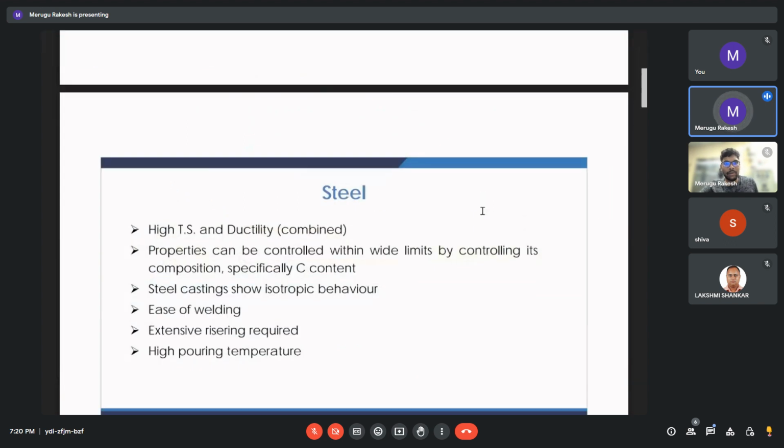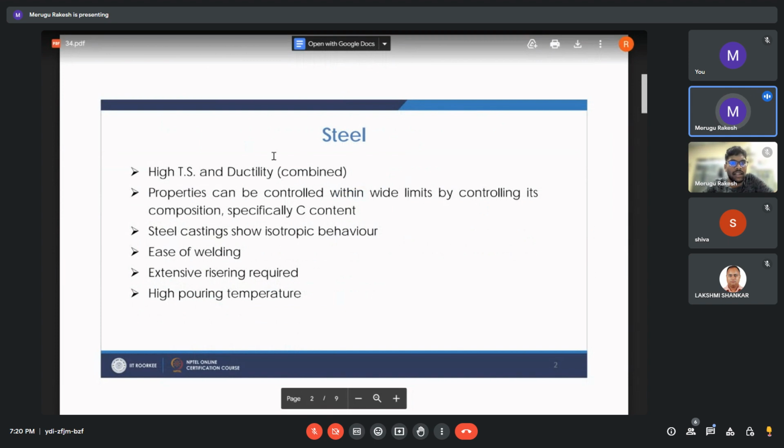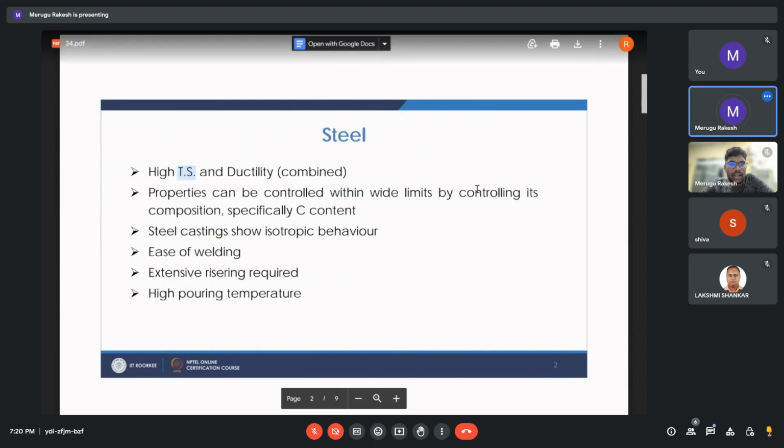So this is regarding the steel part. Basically, steel is very famous for its high tensile strength and ductility combined. These properties are controlled by varying the carbon percentage.